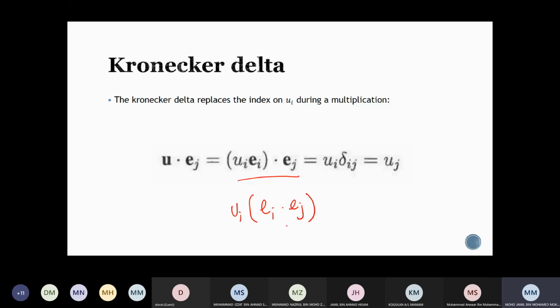We know from just now that ei dot ej equals Kronecker delta ij, so you get ui delta ij. From the properties, you can just write uj. This is useful when you want to calculate something very long, or when you have an equation with so many symbols. But it won't be asked.